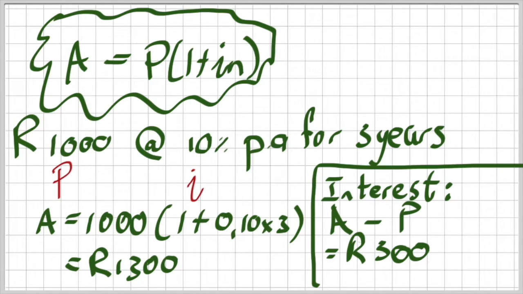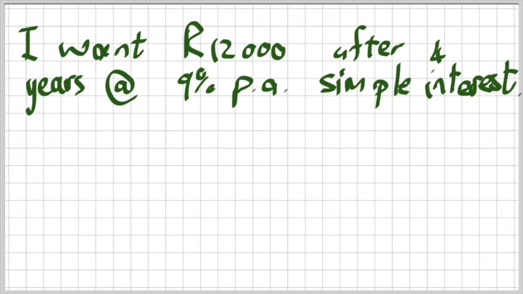Another useful tip, ladies and gentlemen, is that this formula can be used to find out how much I need to invest now to get an amount in the future. So I want 12,000 Rand after 4 years at 9% per annum, simple interest. So what do I have?